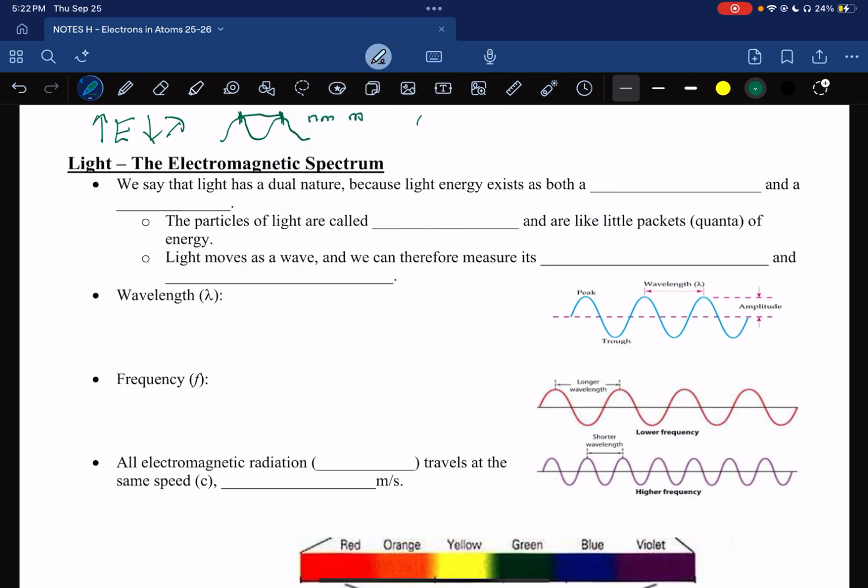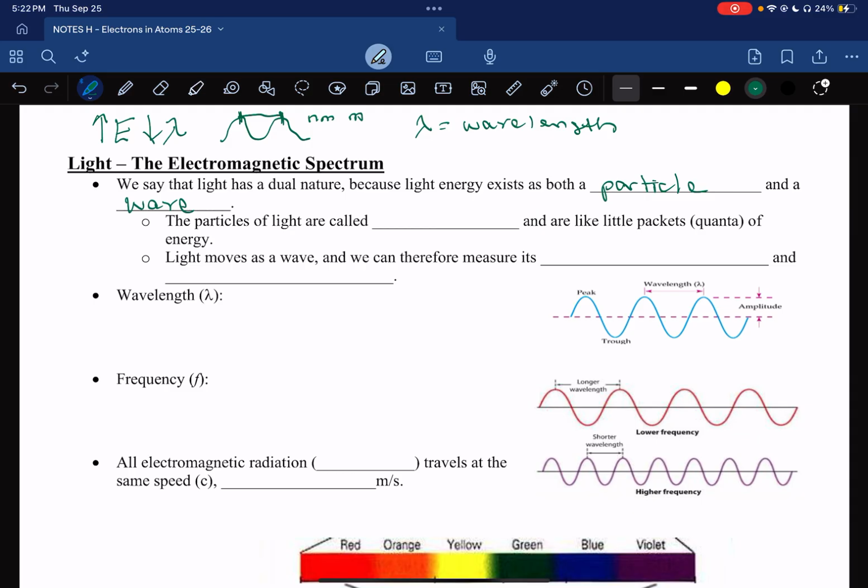This symbol here is the wavelength symbol. That's what I drew over here, but not great. So that's wavelength. We say that light has a dual nature because light energy exists as both a particle and a wave.